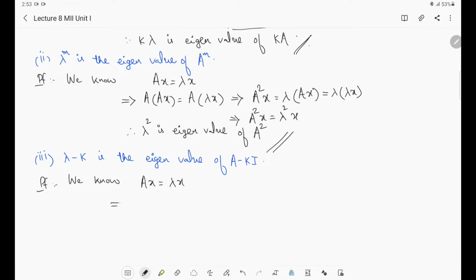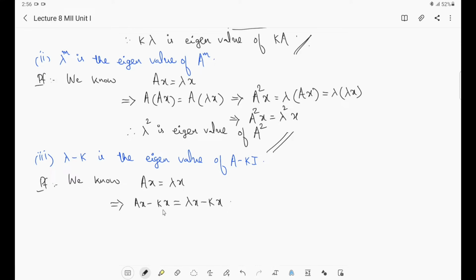Now both sides I will subtract kx. What we have to prove actually? Lambda minus k is the eigenvalue of A minus kI, right? So already we know that lambda is the eigenvalue of A, so Ax equals lambda x I am writing. Then both sides I will subtract kx. Then what will happen? Ax minus kx equals lambda x minus kx.